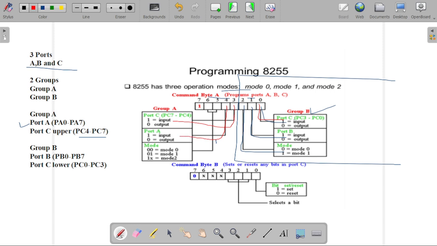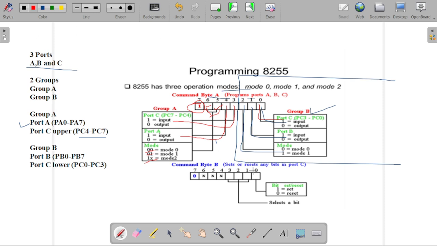The remaining 2 bits, bit number 5 and bit number 6, indicate the modes of operation, where we take 00, 01 and 1x. And the last bit, the 7th bit, is 1 whenever you are going to perform the operation in command byte A format.